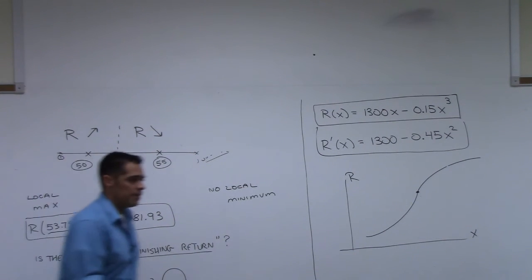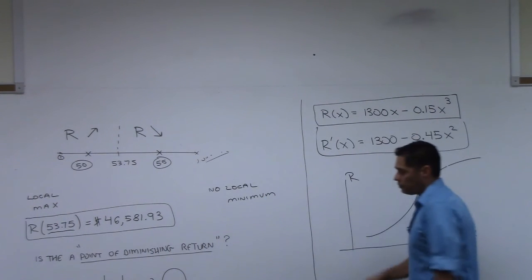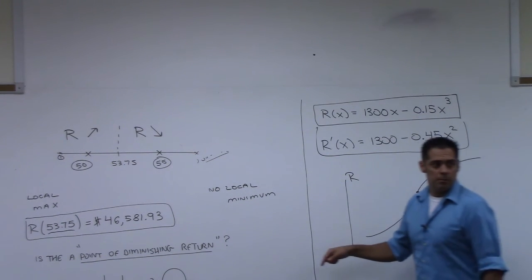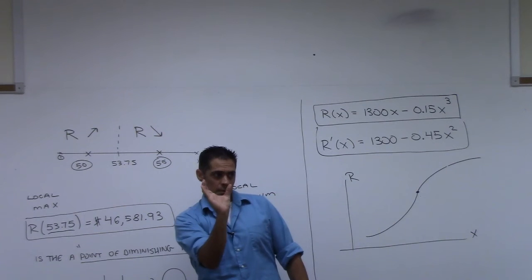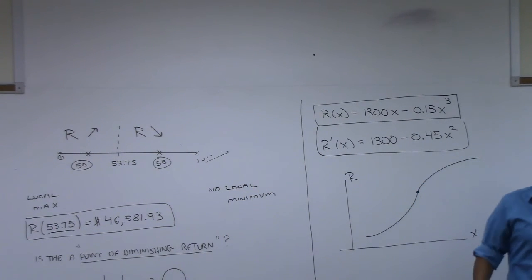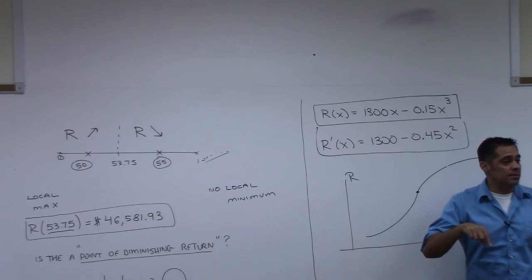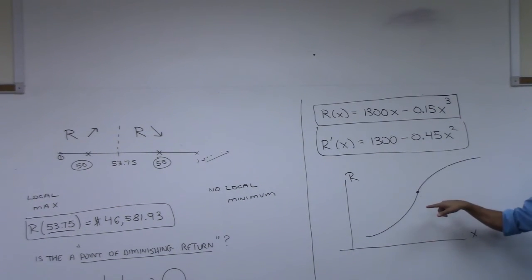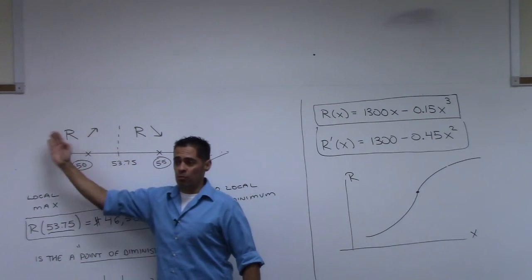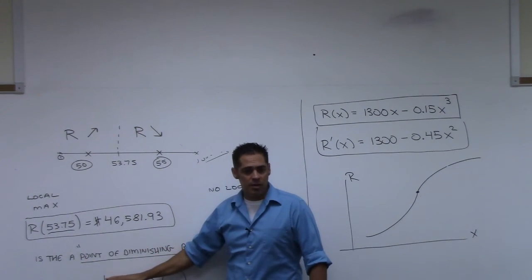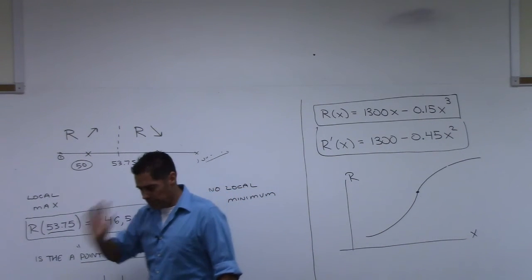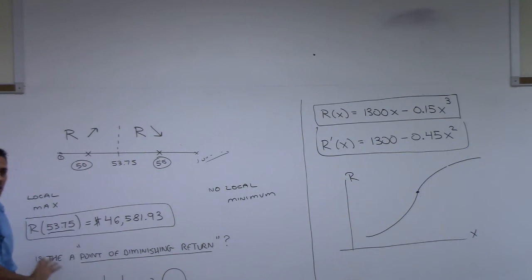It'll be the point at which that happens, which is where the second derivative is 0. The answer to this question comes exactly from the second derivative and nowhere else.